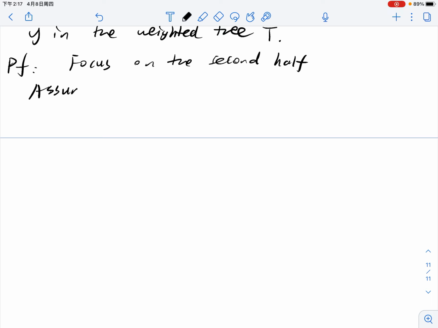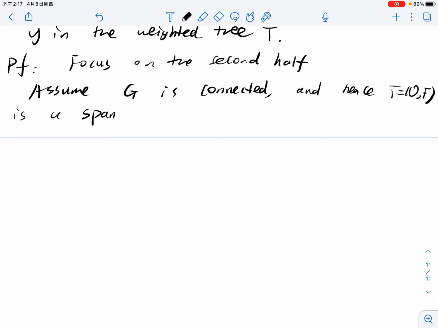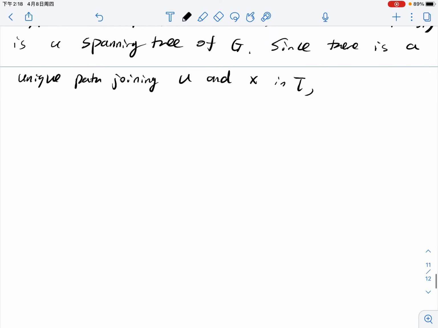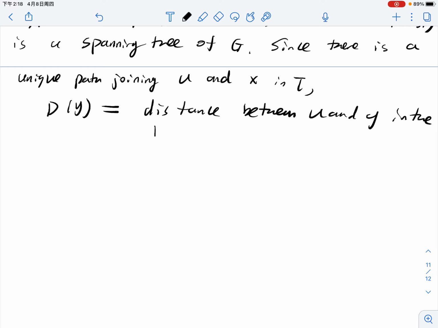And then assume G is connected, and hence T is a spanning tree of G. Since there is a unique path joining u and y in T, d_y by definition is the distance between u and y in the tree T.